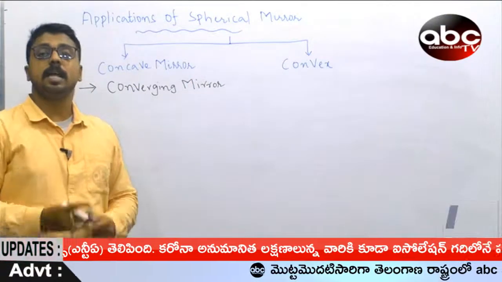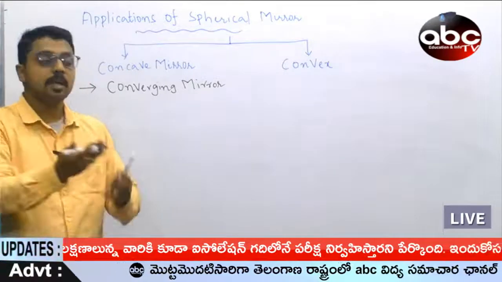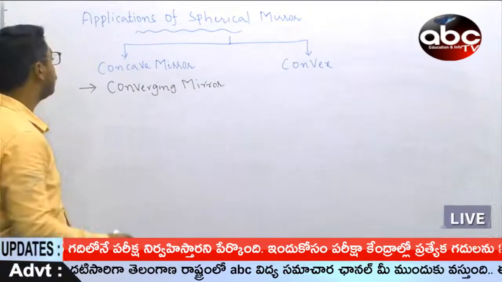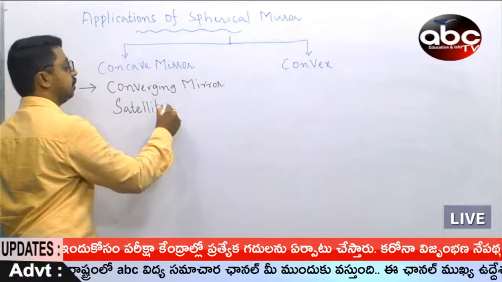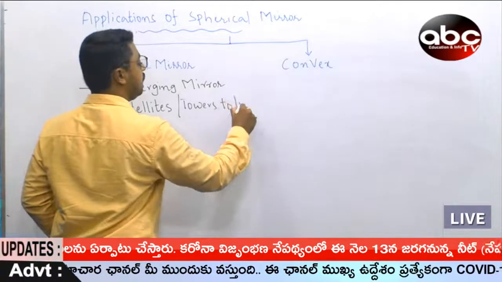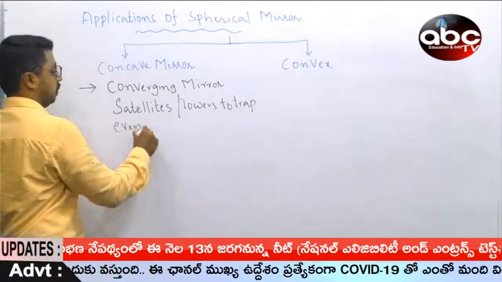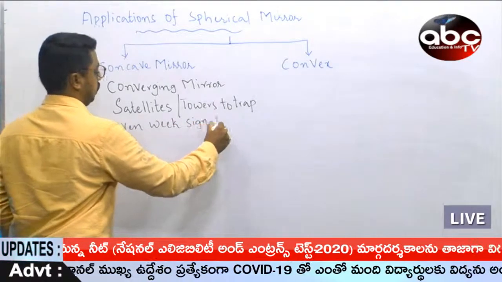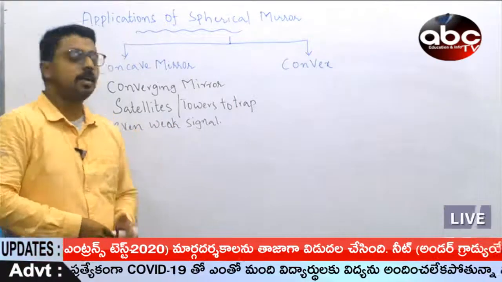That means it is able to trap a high amount of energy with its concave surface. So these are generally used in satellites or towers to trap even weak signals. So to trap weak signals, we are going to use this.